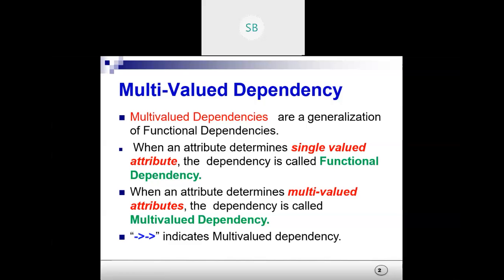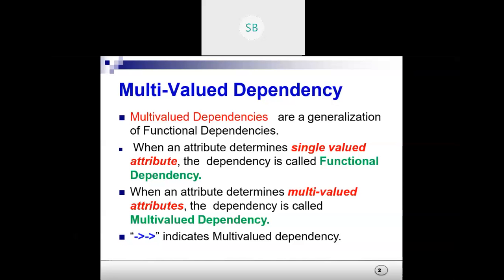When an attribute determines a single-valued attribute, the dependency is called functional dependency. But when an attribute determines multi-valued attributes, the dependency is called multi-valued dependency. Here there won't be any functional dependency, but there will be multi-valued dependency, since it determines multiple values.